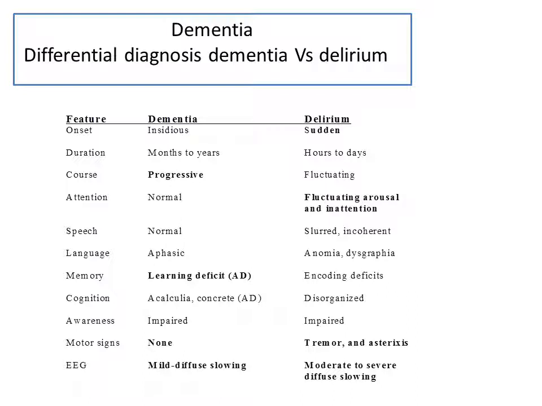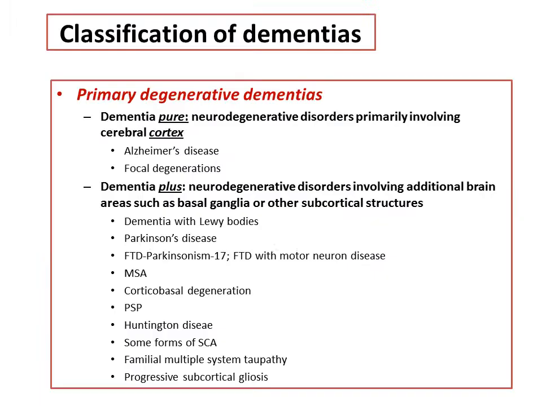There is an encoding deficit on memory testing. Cognition is disorganized with impaired awareness, and there may be associated tremors and asterixis, mainly if it's a metabolic cause like hepatic encephalopathy. EEG shows moderate to severe diffuse slowing.